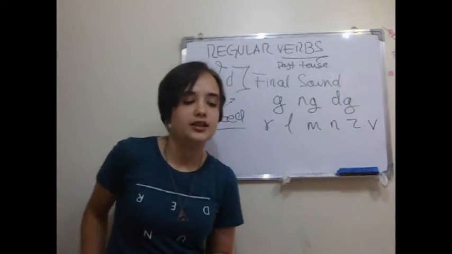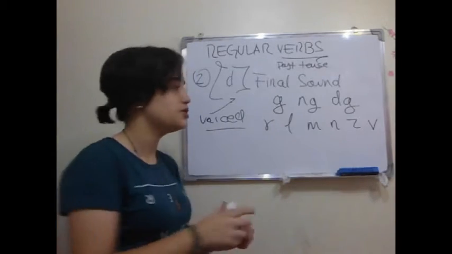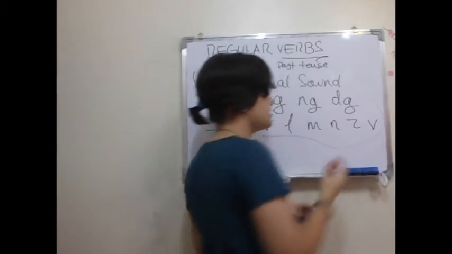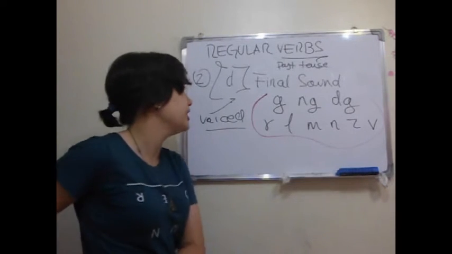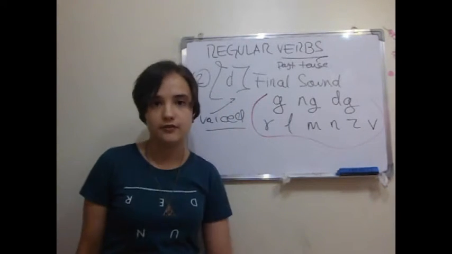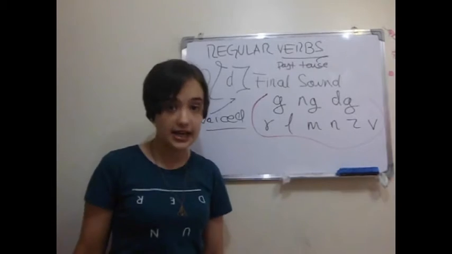These are our sounds considered to be voiced, and that are going to be the determinant factor for it to be a D in the final sound. So let's watch the examples.